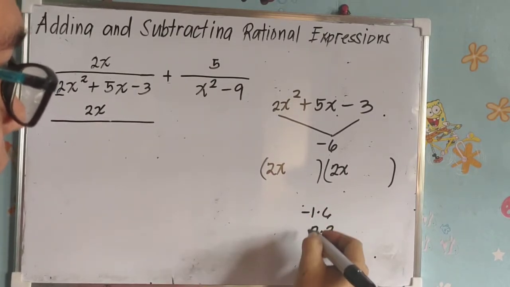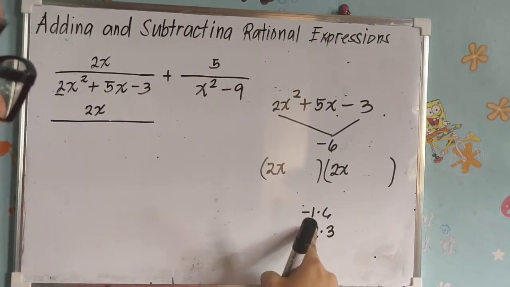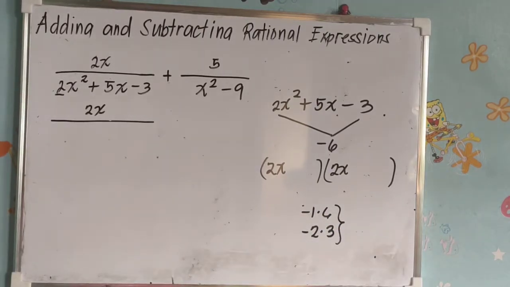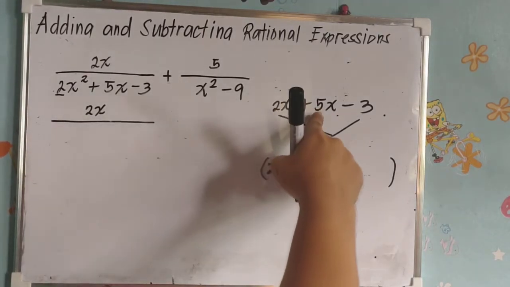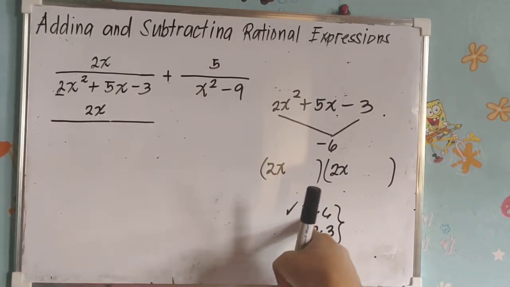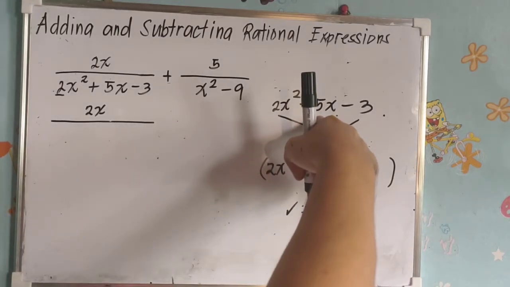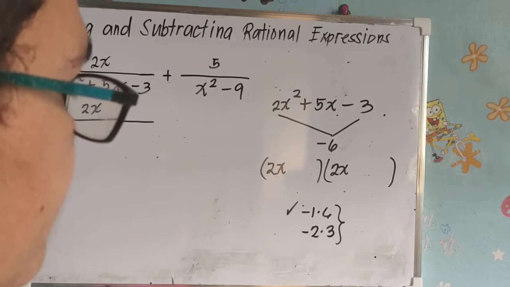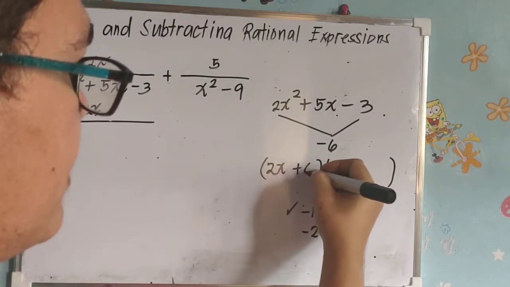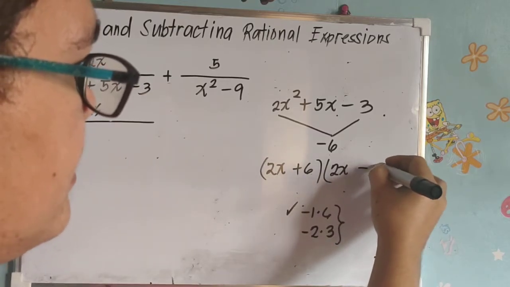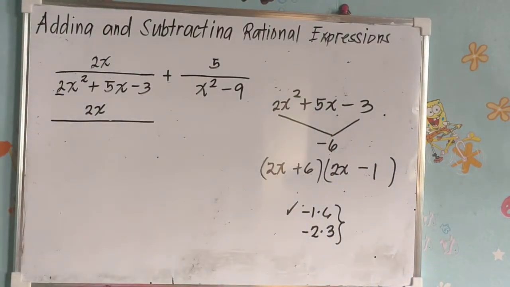So this means this is negative and this is positive. So which of the two factors when added will give us positive 5? Obviously, we have this one. Negative 1 plus 6 will give us positive 5. So therefore, we have 2x plus 6 and 2x minus 1. Okay?